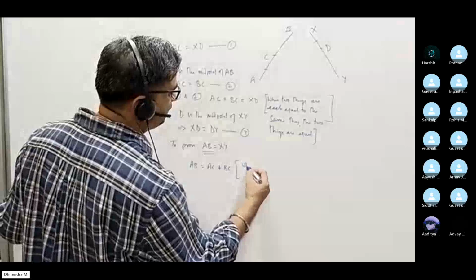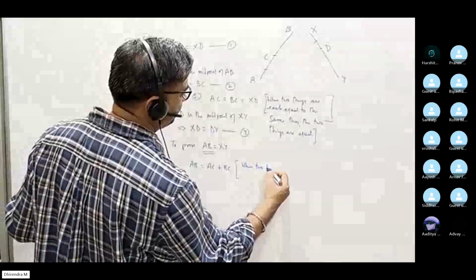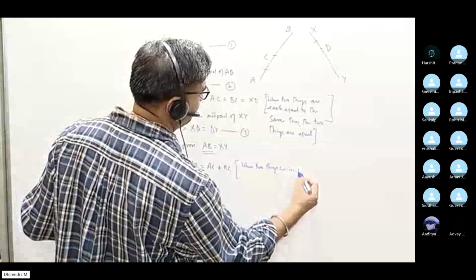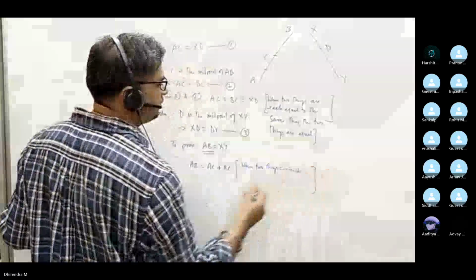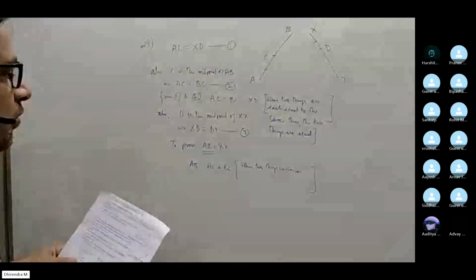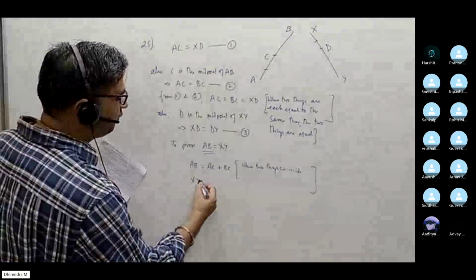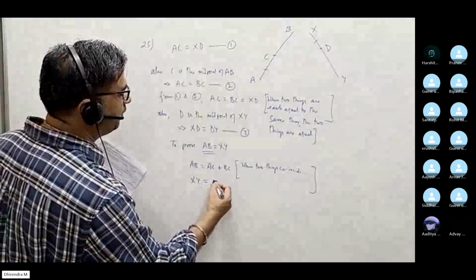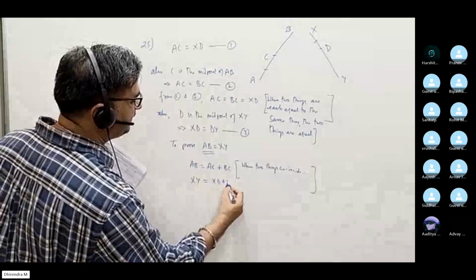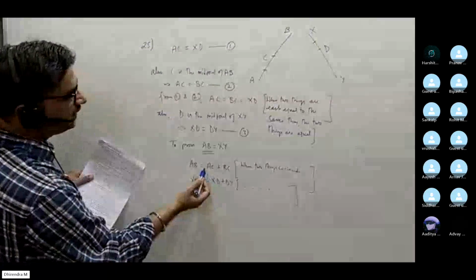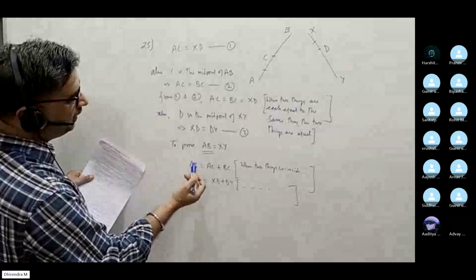You can write that when two things coincide, then each one is equal. That is one axiom. So AB is equal to AC plus BC. And what will be XY, folks? XY will be equal to XD plus DY. Same reason.